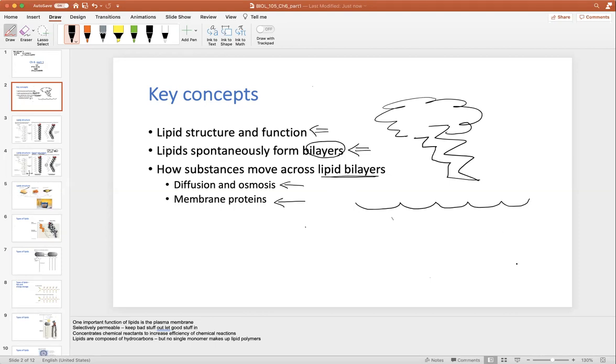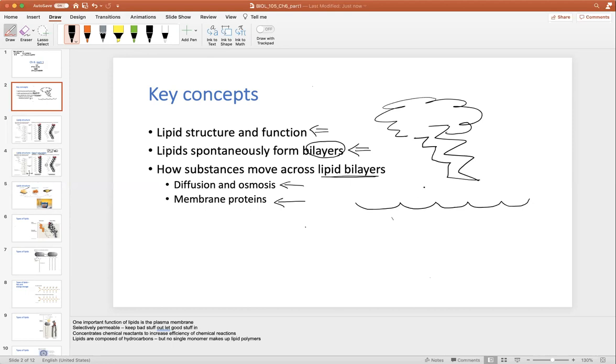We also learned in chapter, I think 4, when we talked about nucleic acids, that RNA could actually function as an enzyme to make itself, so it can catalyze its own synthesis.